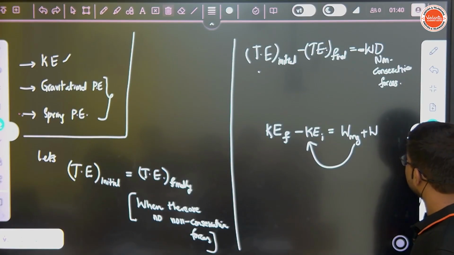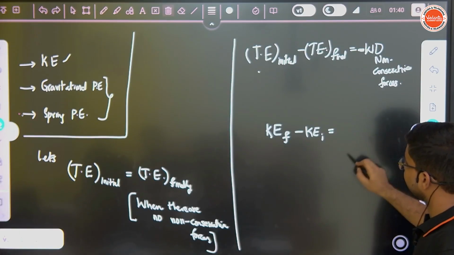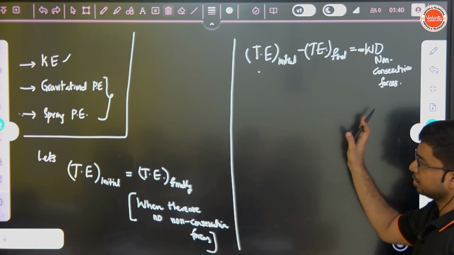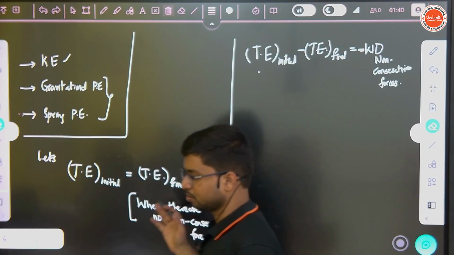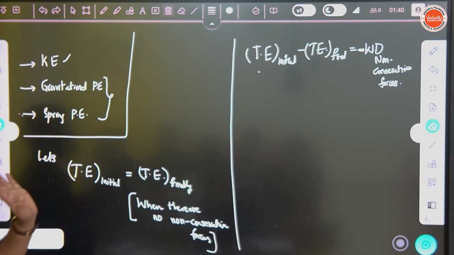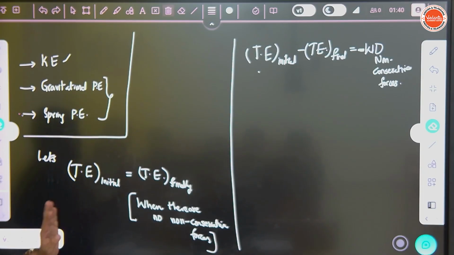And now, when to apply the work energy theorem and when to apply total energy initially equal to total energy finally, or the difference in total energy equal to the work done by non-conservative forces? Usually I recommend that if springs are not involved in the question, then it is better that you use the work energy theorem directly.